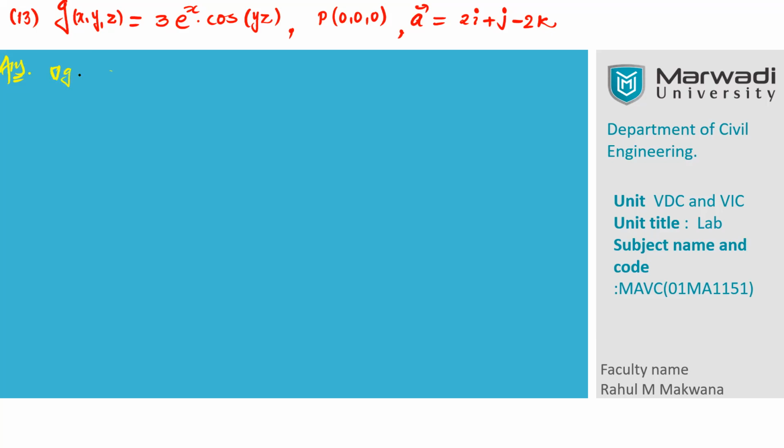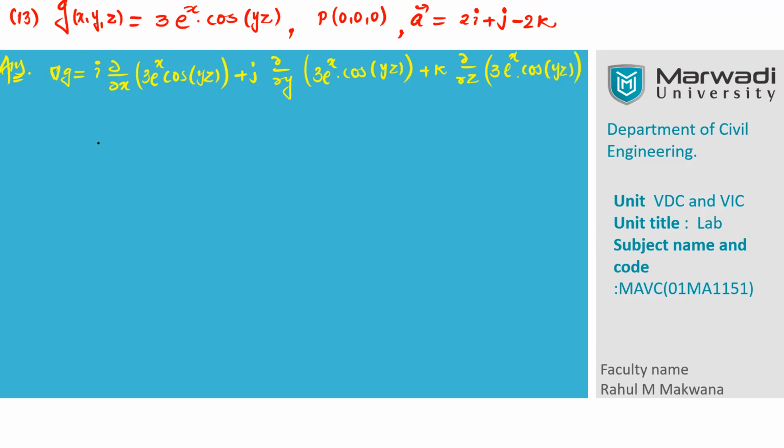So first of all, gradient nabla g: i del by del x of the function plus j del by del y plus k del by del z is equal to i partial with respect to x of e raised to x is e raised to x, keeping cos yz the same.